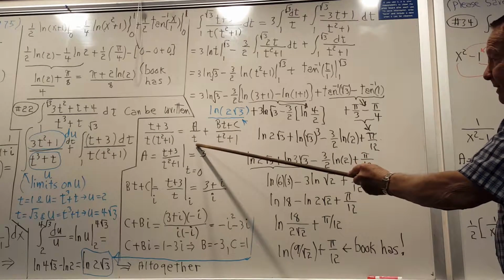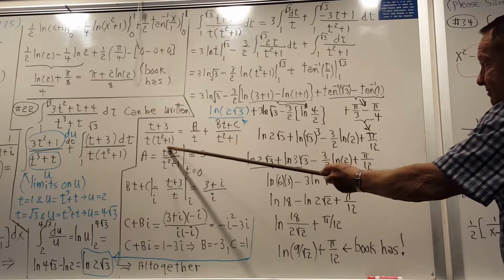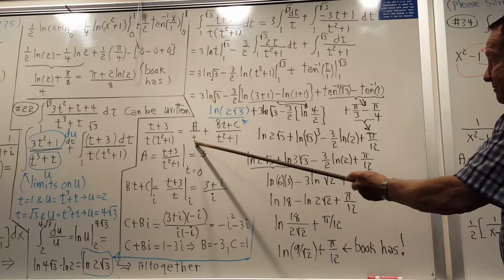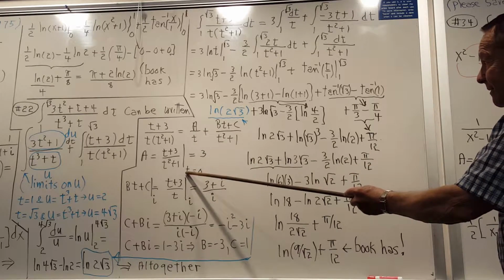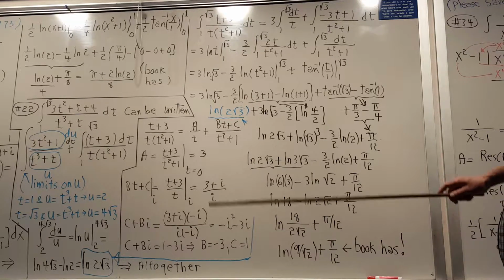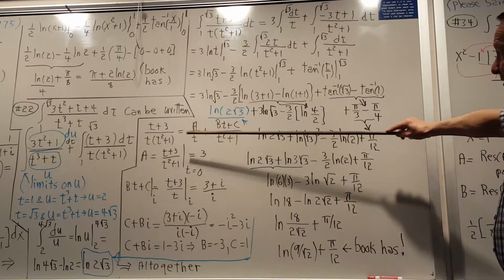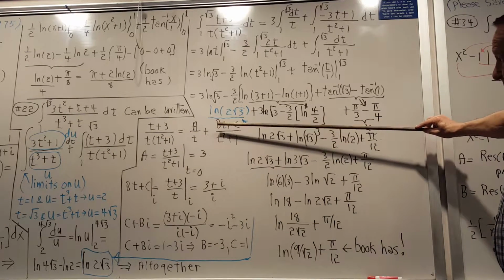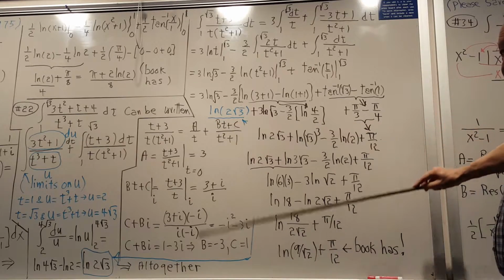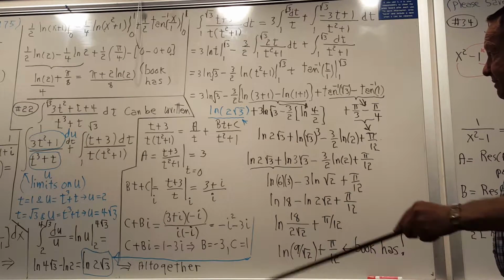If you thought of multiplying through by the t, your residue would be t plus 3 over t squared plus 1 at your pole 0, which would be 3, and so the a would be 3. And then for the quadratic factor of the original denominator, you would work on the b and the c together with complex numbers if you do poles and residues.